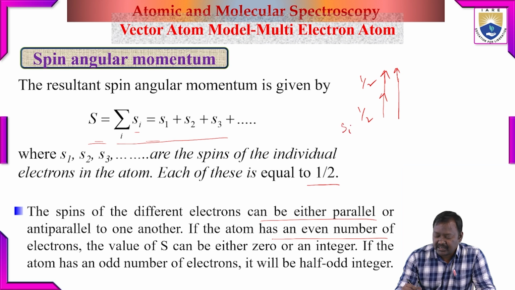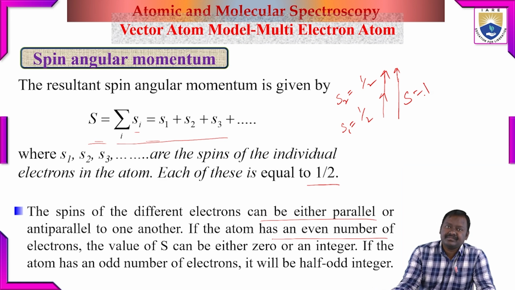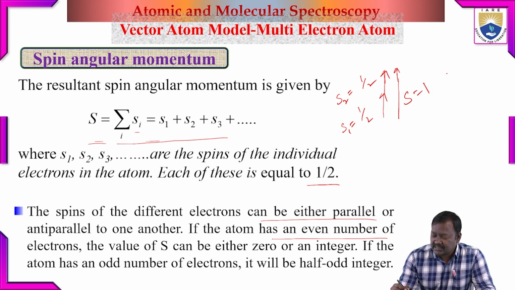This is S1 equal to half, S2 equal to half. The resultant spin angular momentum S could be taken as 1 by 2 plus 1 by 2. So here it is 1, if these two spins are parallel.